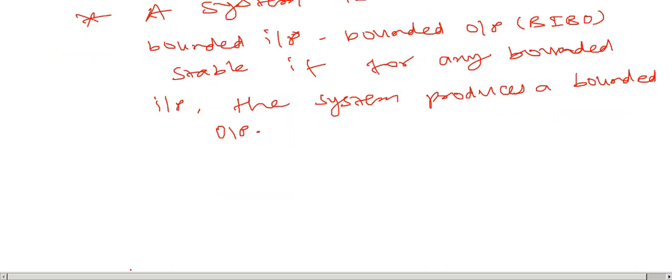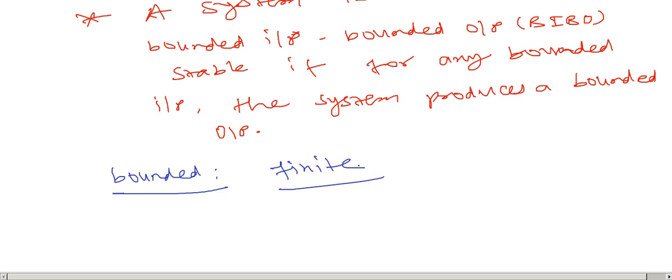Now, the term bounded means finite, which does not tend to infinity.